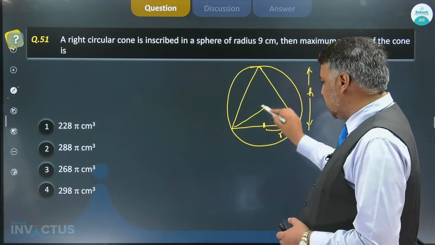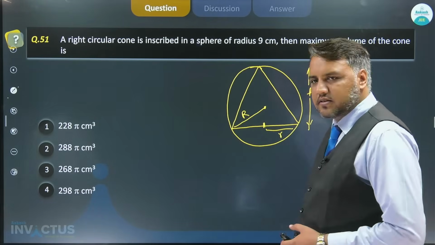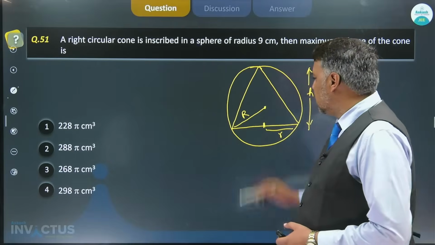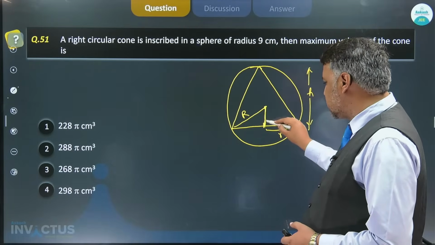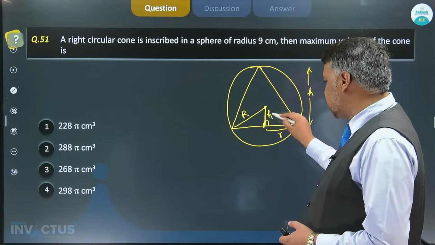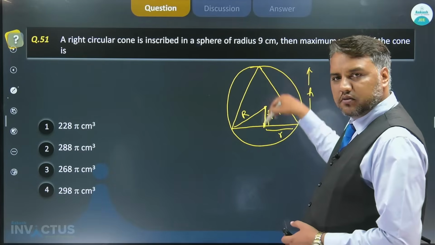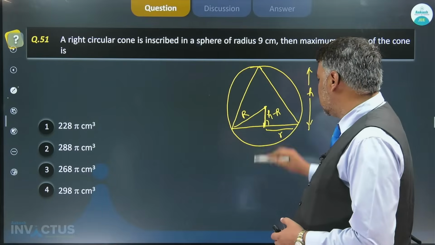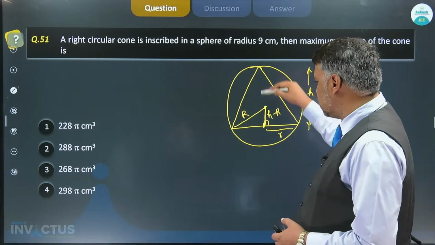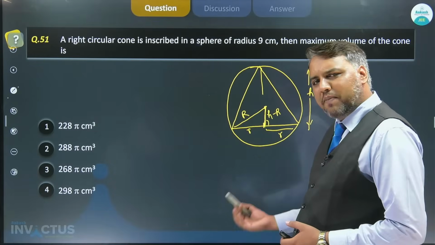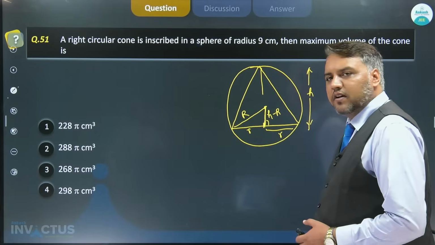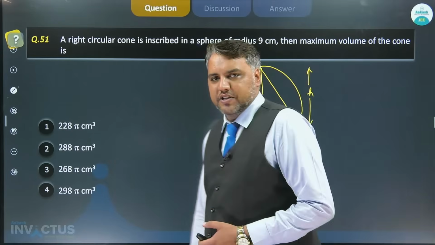Here you can see this radius is capital R, say capital R is the radius of the sphere. The height from the center of the sphere will be h minus R, the total height of the cone minus the radius of the sphere. This base will be r. Applying Pythagoras, we will get a relation between small r, capital R and h.